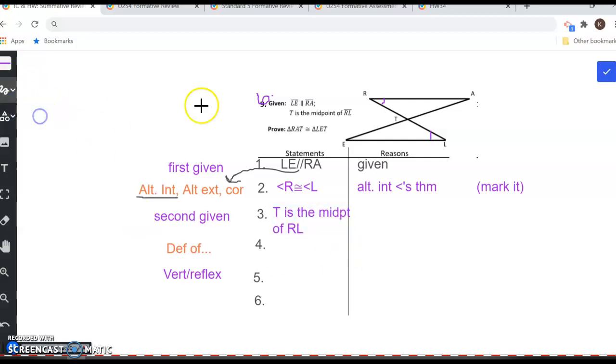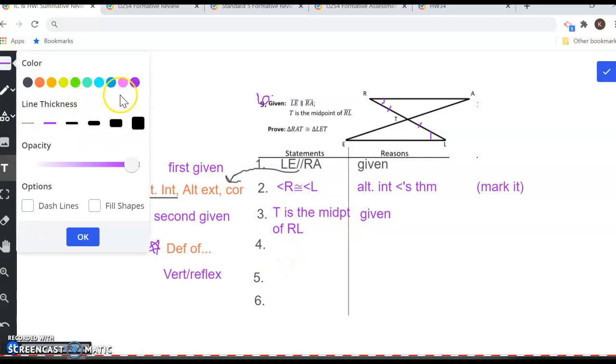So RL is this line here, starting at R, ending at L. So I'm going to have 2 tick marks on either side of that point T. So point T to the left, I'll put a tick mark, and point T to the right, I'll put a tick mark. That's what I'm going to say by this definition of step. Okay, let's not get ahead of ourselves there. We still have to put given there, and now I'm ready for this next step, this definition of.